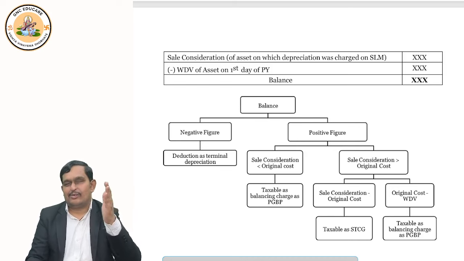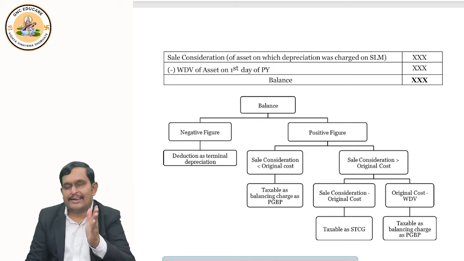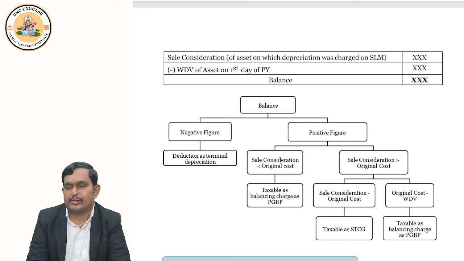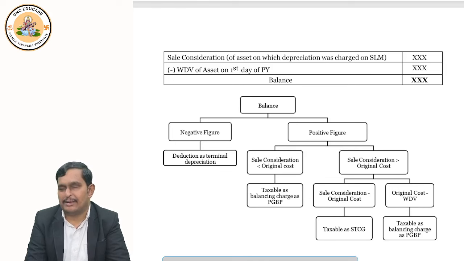Sale consideration minus original cost becomes your capital gain income. So 1 crore sale consideration, 80 lakhs original cost, so 20 lakhs becomes your short-term capital gain. And original cost minus WDV, that is 80 lakhs minus 60 lakhs, again 20 lakhs comes. That is your balancing charge, business income.